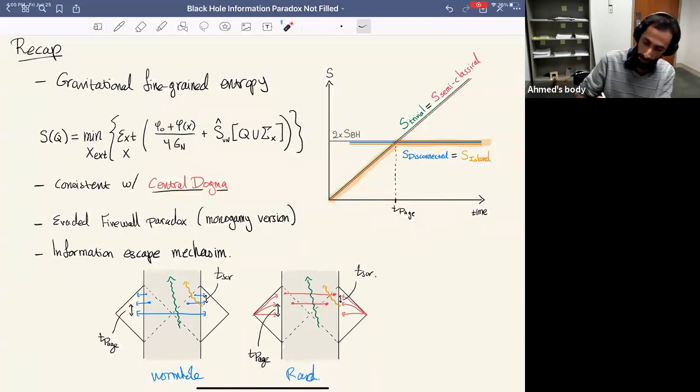But if you throw something in at a later time, after the Page time, the point is that for this initial particle you had to wait a Page time to get it back. But after the Page time, any additional particle you throw in, you only need to wait a scrambling time for it to escape the entanglement wedge of the wormhole and appear in the entanglement wedge of the radiation. So that was the recap. Any questions on that?